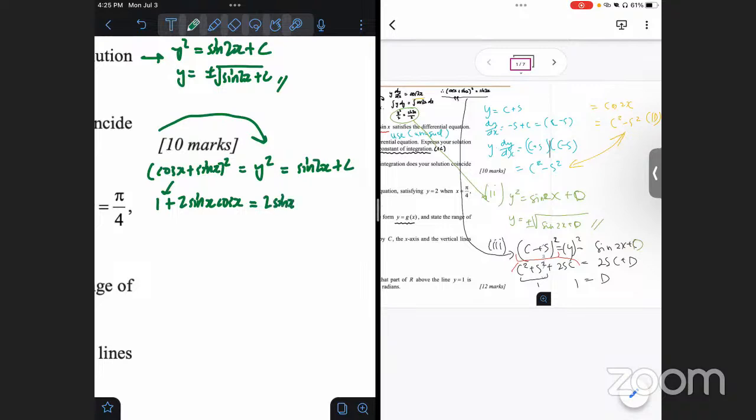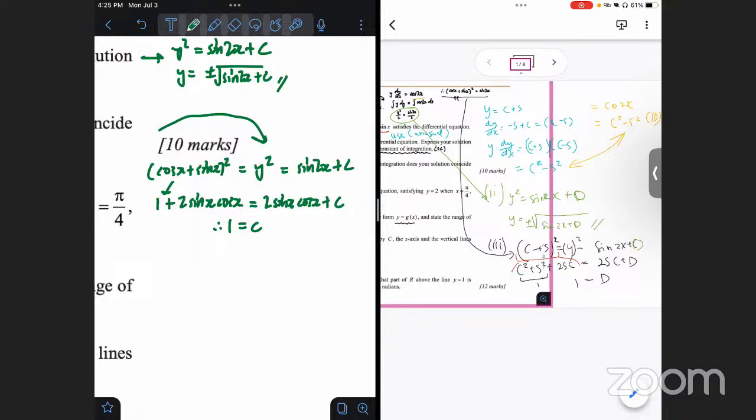A different solution for the differential equation satisfying... So I currently owe you the part B, yeah?